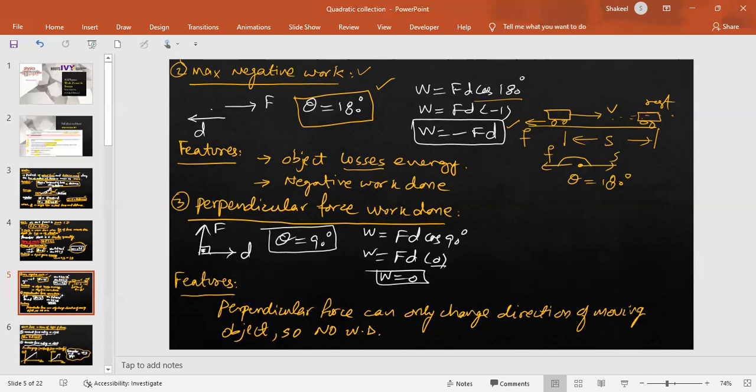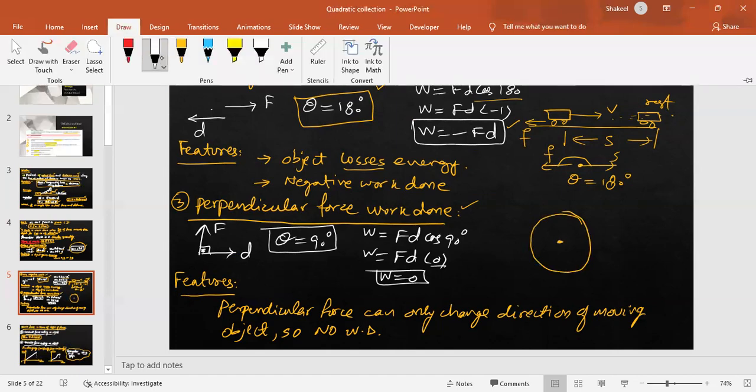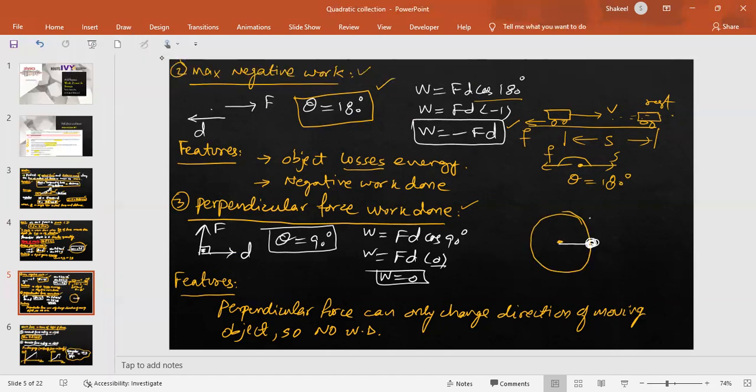The third type is perpendicular force work done. There are many occasions in which an object is moving along a circular track. Let's say this is an object of mass m which is moving in an anti-clockwise direction. At any instant, its direction of motion is always along the tangent, and the force is towards the center.